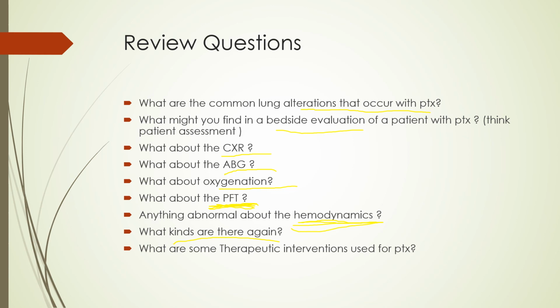What would happen with their right-sided heart pressures? What would happen with their left-sided heart pressures? I'll repeat that again. What would happen with their right-sided heart pressures? What would happen with their left-sided heart pressures? What are some therapeutic interventions used to treat a pneumothorax?